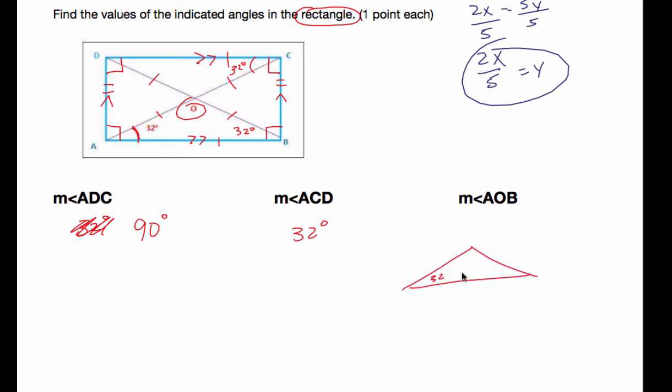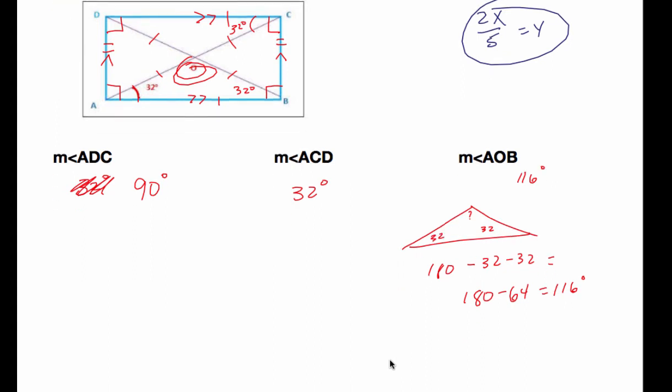It's got two angles that are 32. 180 minus 32 minus 32. So 180 minus 64 is 116. Okay? So AOB, 116. Because that triangle there has that special setup of being isosceles.